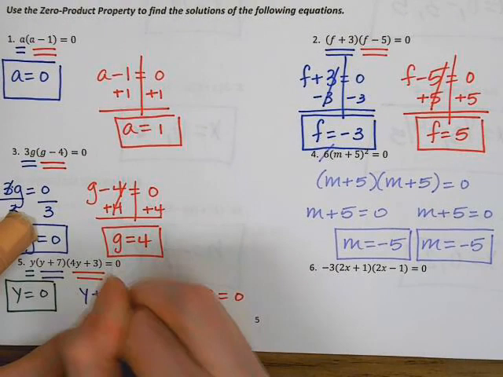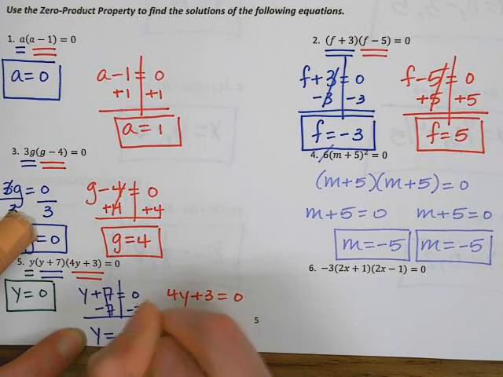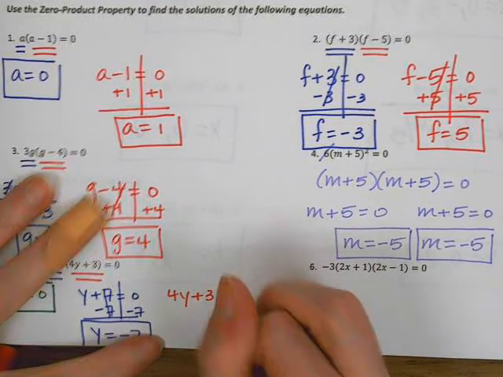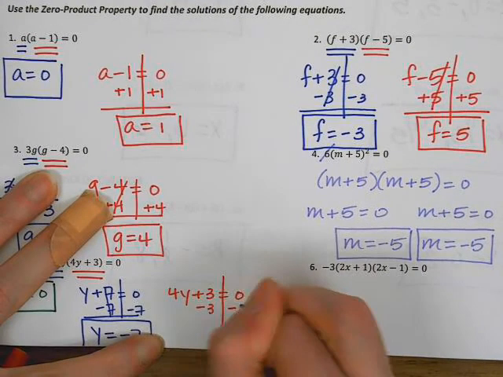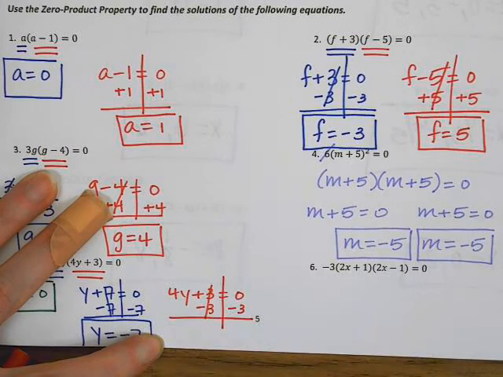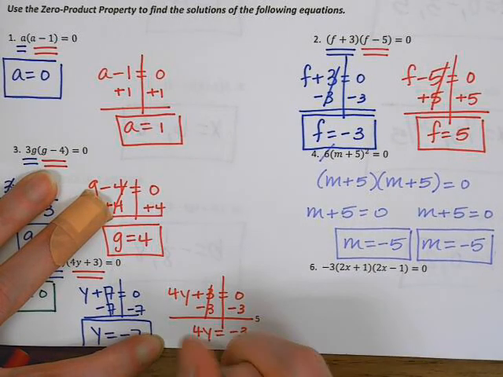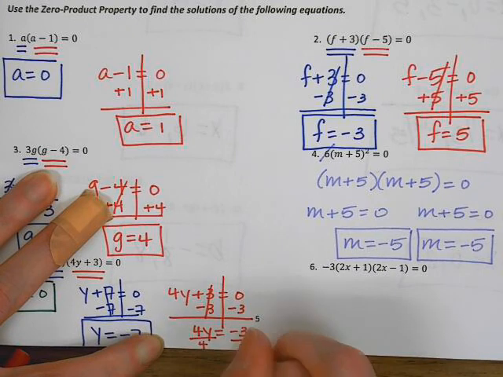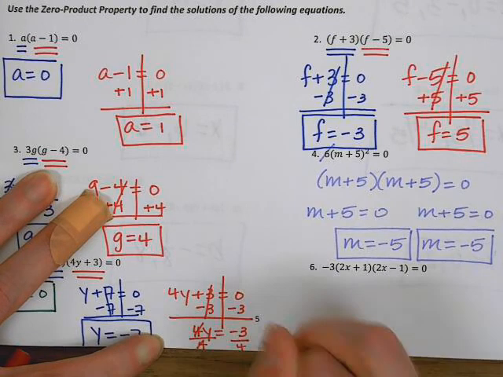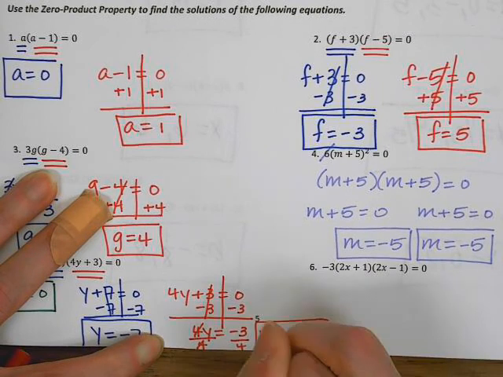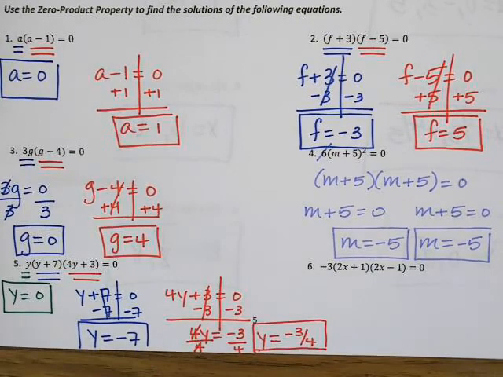This one, if you minus the 7 over, y is going to be negative 7. And this one, we're going to minus the 3 and get 4y equals negative 3. And then we'd have to divide by 4. So this one, y is going to be negative 3/4. And you guys can just leave it as a fraction, or you can make it a decimal. It's up to you.